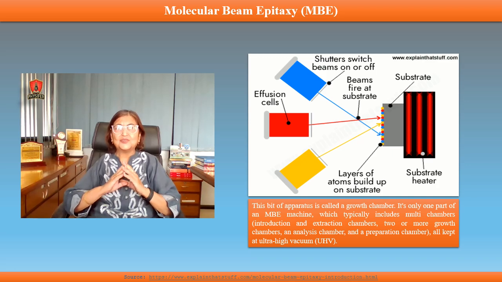Another technique is molecular beam epitaxy, the MBE technique. It is a highly controlled thin film deposition technique used to synthesize nanomaterials and epitaxial layers with atomic scale precision. In molecular beam epitaxy, a single crystal is created by building up orderly layers of molecules on top of a substrate.